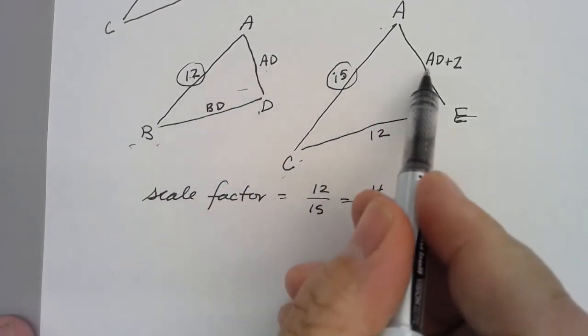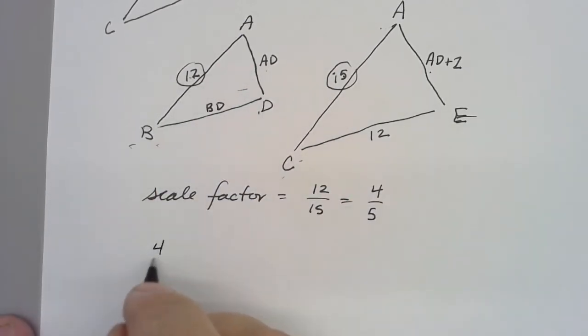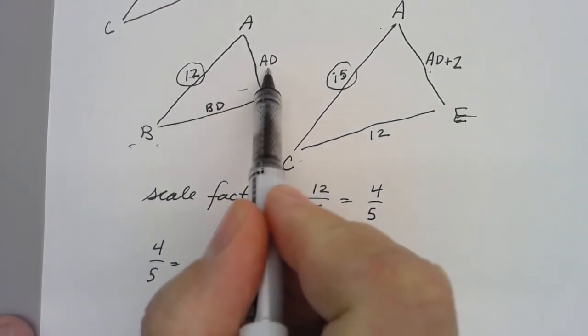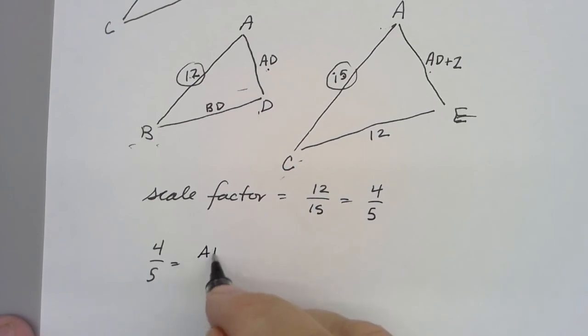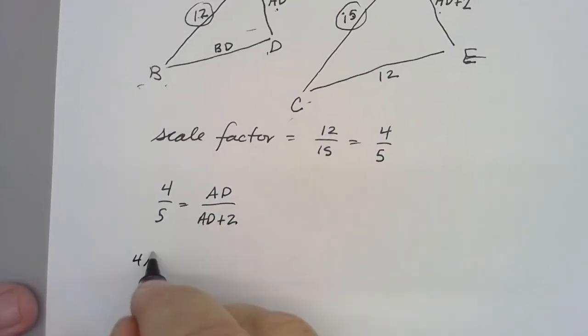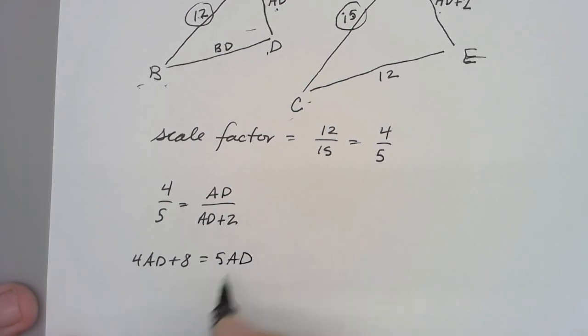Let's do AD and AD plus 2 first. 4 to 5, that's my scale factor, is shorter to longer. AD over AD plus 2. If I cross multiply this, I get 4AD plus 8 equals 5AD. So AD is 8.